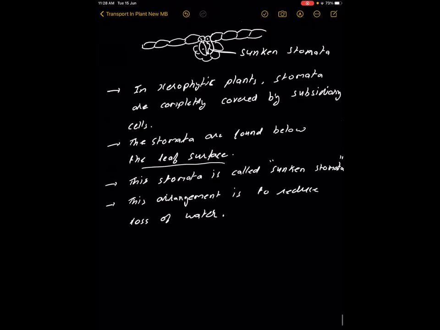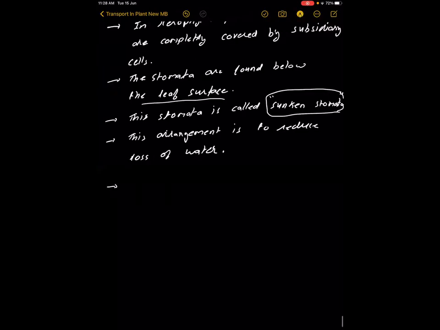Stomata are present in xerophytes. They are called sunken. That is the main point of the question here. Sunken stomata are present in xerophytes. Then in xerophytes, parenchyma is also not present? In hydrophytes, no, parenchyma is present. Parenchyma is simple tissue.